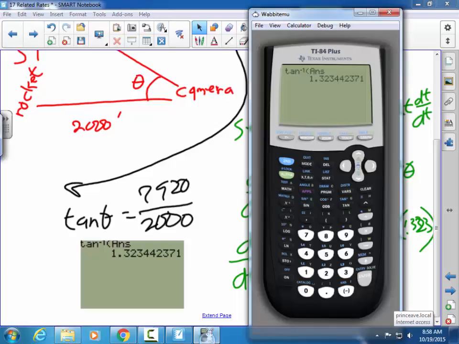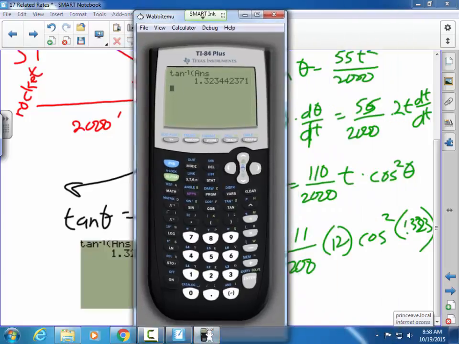So now if we pick up our handy dandy calculator, we can say the cosine of the answer, squared, times 12 times 11 divided by 2,000 is 0.00395645.